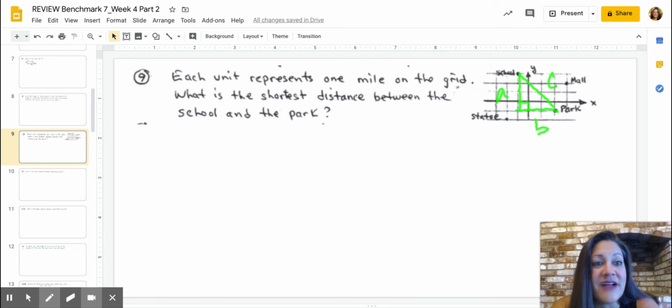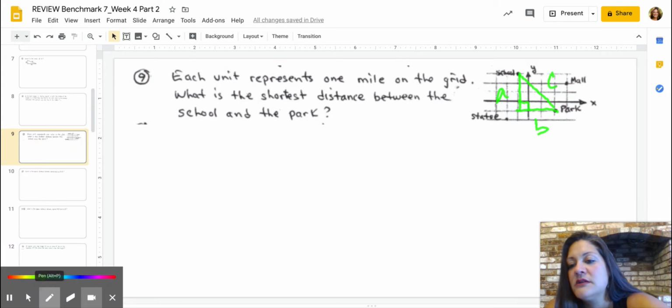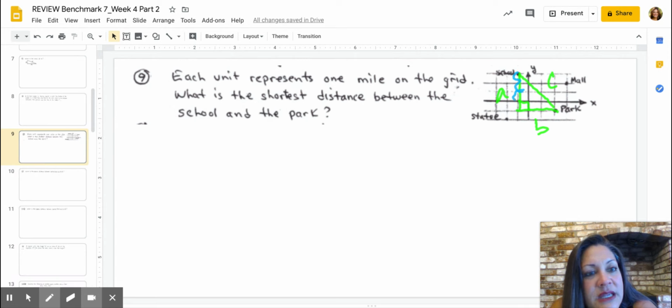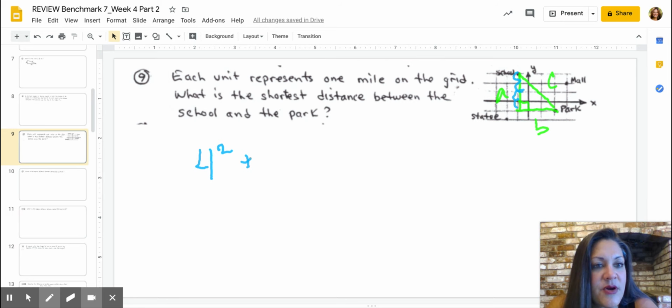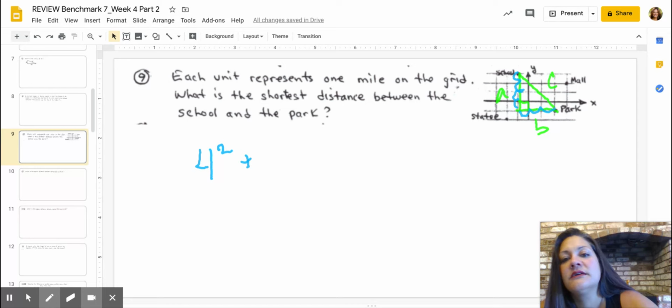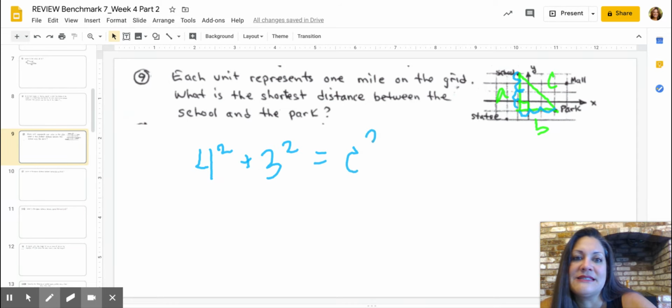Okay, so I can just simply count for A from the school. 1, 2, 3, 4. So that's 4 miles. And from the park, 1, 2, 3. And that's going to equal my C squared.